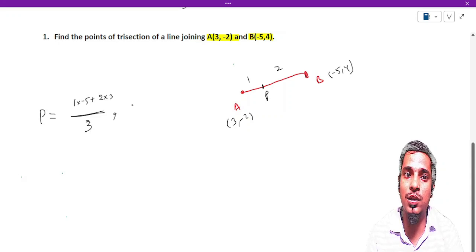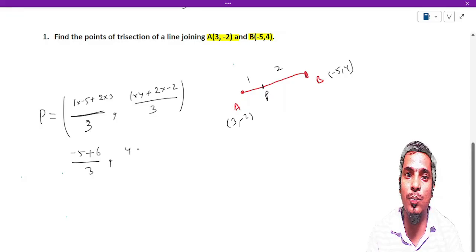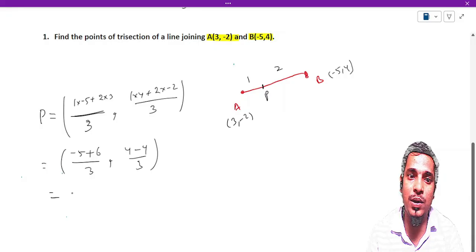This is the x coordinate. Same way we can write the y coordinate, 1 into 4 plus 2 into minus 2 by 3. So this is the coordinate of point P. So over here, minus 5 plus 6 divided by 3 comma 4 minus 4 by 3. So the coordinate of point P is 1 by 3 comma 0 by 3, which is nothing but 0.